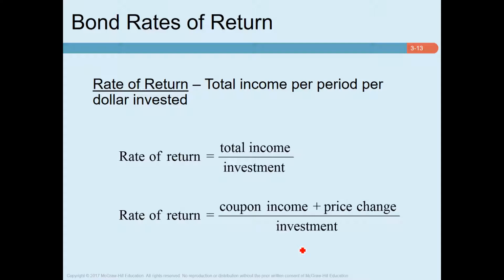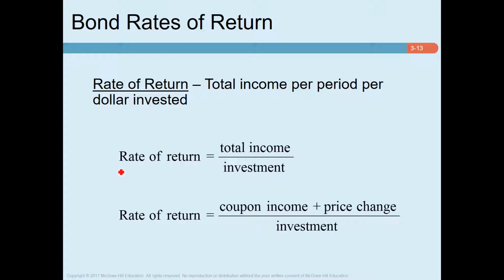Hello everyone. In this video, we will be discussing how to calculate bond rates of return. From week 2, we know that rate of return is calculated as the profit from an investment divided by our initial investment. In this case, that means as we calculate the rate of return from a bond, we will follow the same concept.